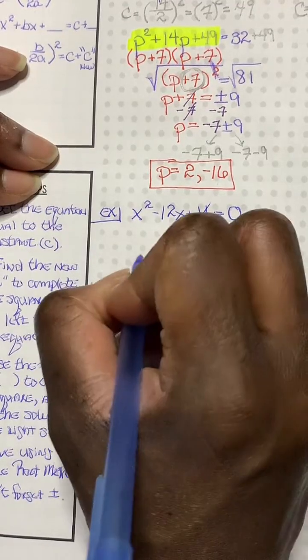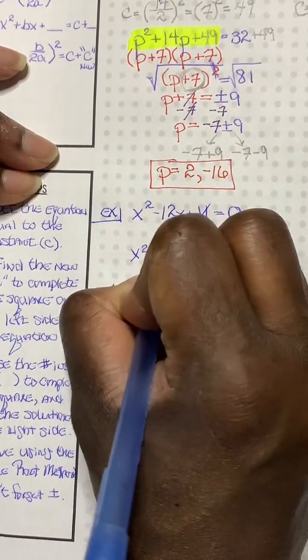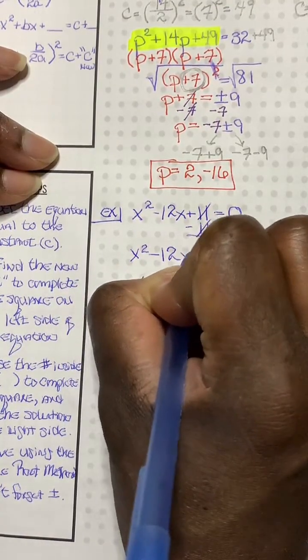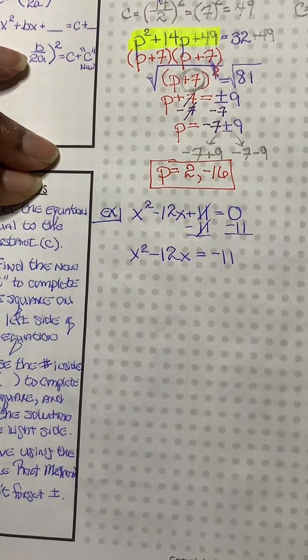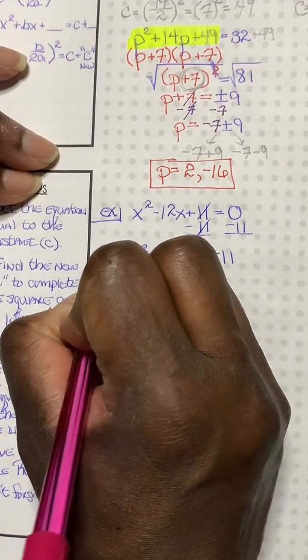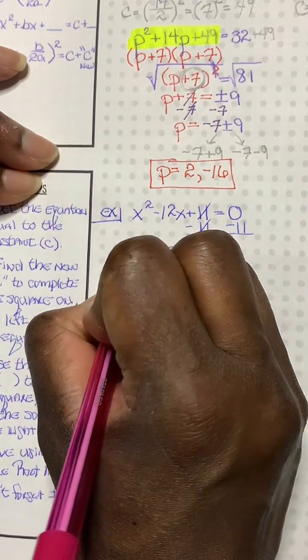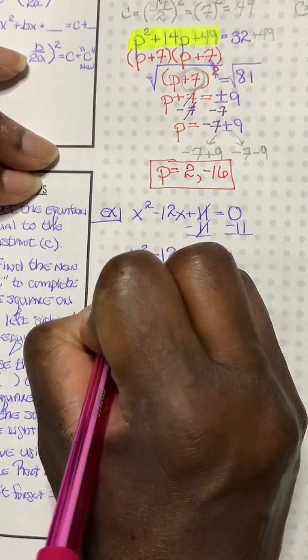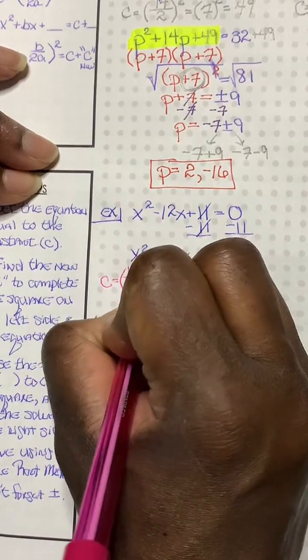So now I'll have x squared minus 12x is equal to negative 11. Next step will be to find the new c. And we're going to use that formula, b over 2a, and we're going to square it.